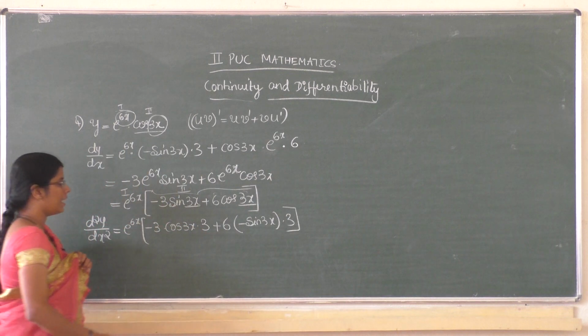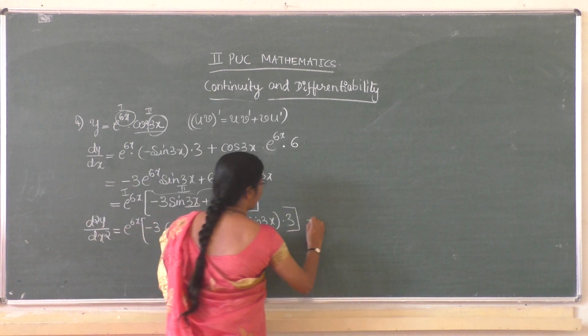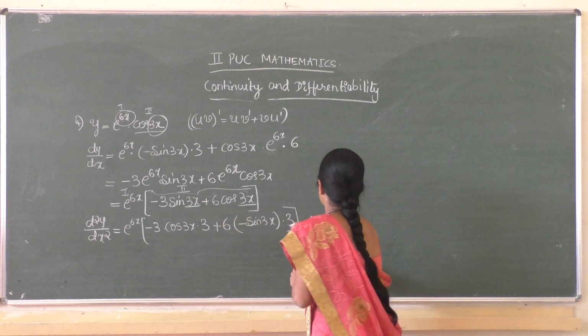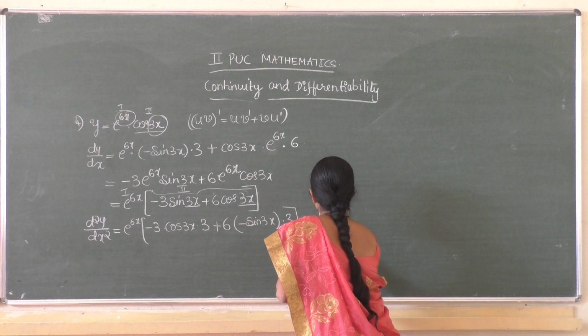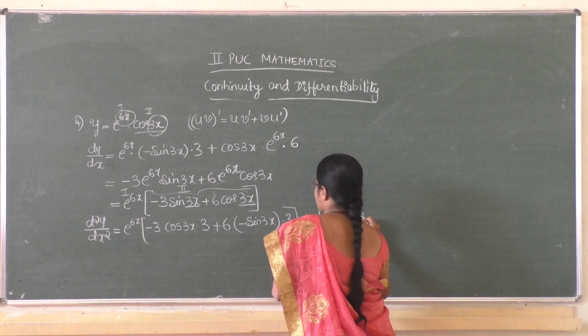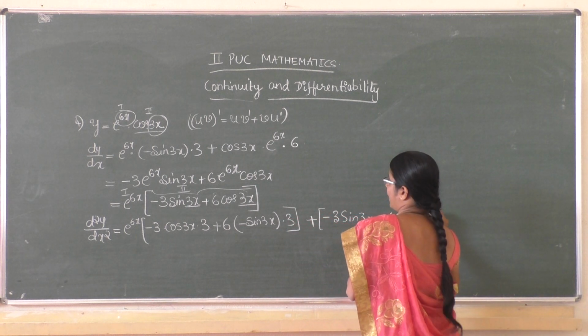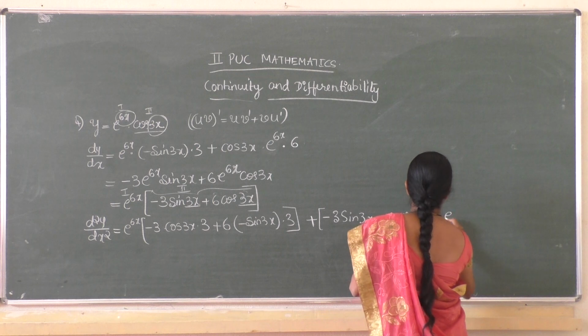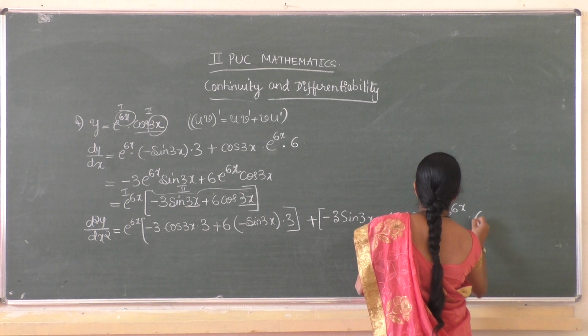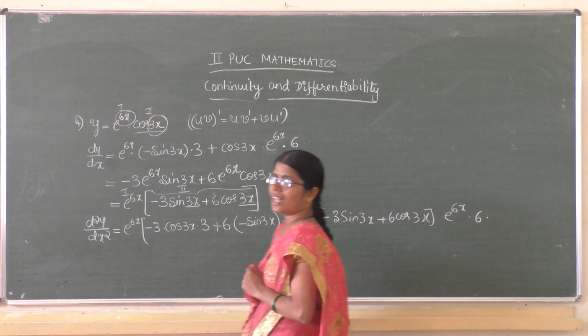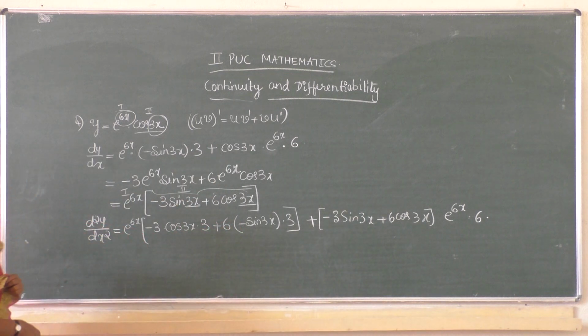Plus, we have minus 3 sin 3x plus 6 cos 3x as it is, derivative of e to the power 6x is e to the power 6x into 6. So this is how we get the second order derivative.